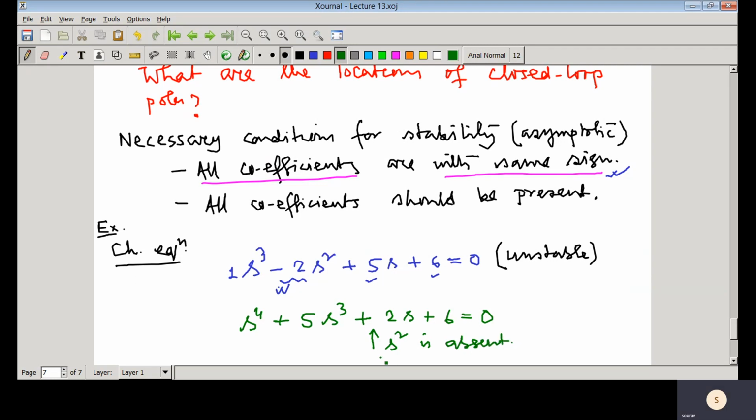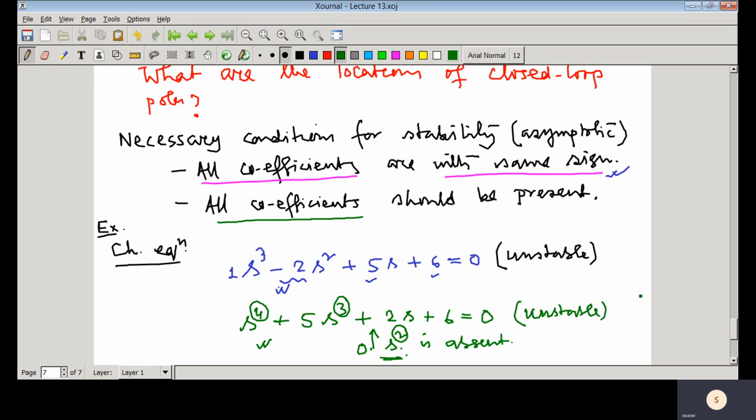As one particular coefficient is absent, the second condition, that all coefficients should be present, is violated, because the coefficient associated with s squared is 0, so it is actually absent. Then if you find the roots of this characteristic equation, you will see that at least one of the roots will be on the right half of the s-plane. So that is also unstable.